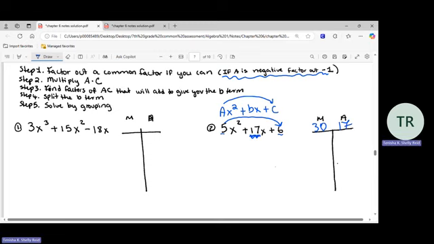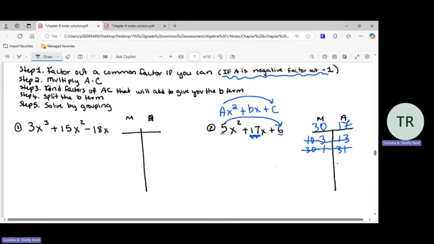Now, at this point, it's a lot of you using your noggins, thinking about those factors. For 30, I know 10 times 3 is equal to 30, but 10 plus 3 is 13. That's not the combination I need. Maybe 30 times 1 is 30, but 30 plus 1 is 31.